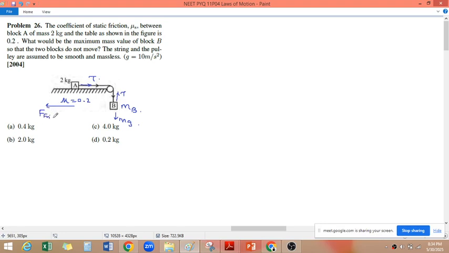So friction force should be equal to the tension. Similarly, tension should be equal to mB into g. So mu into N is equal to tension.